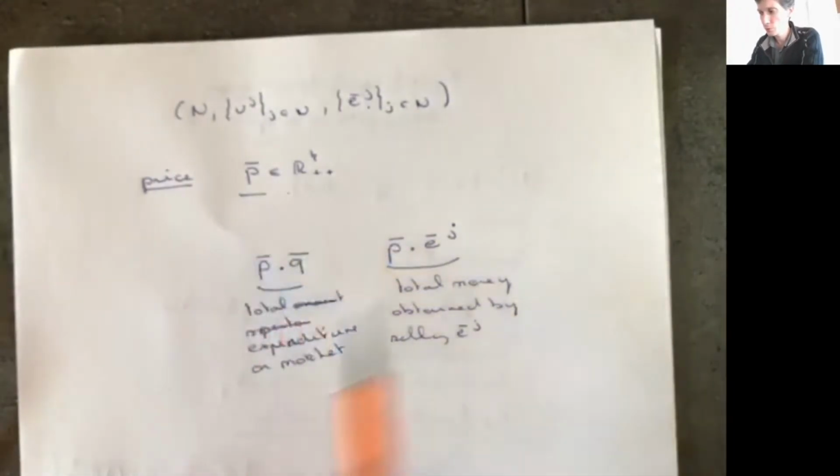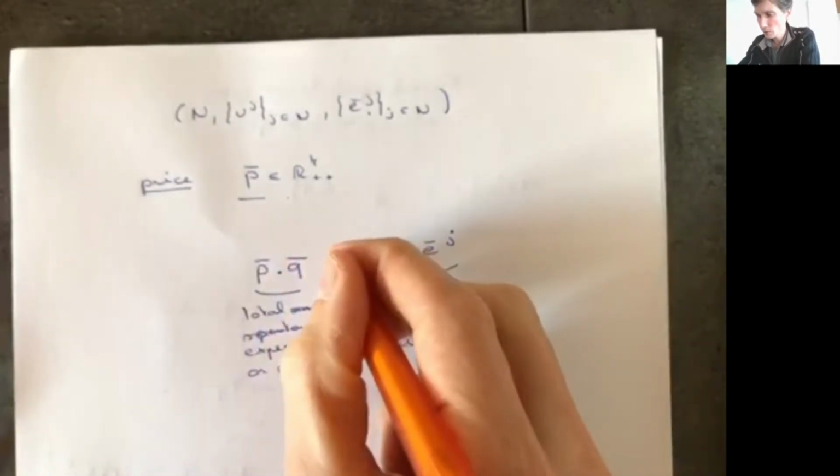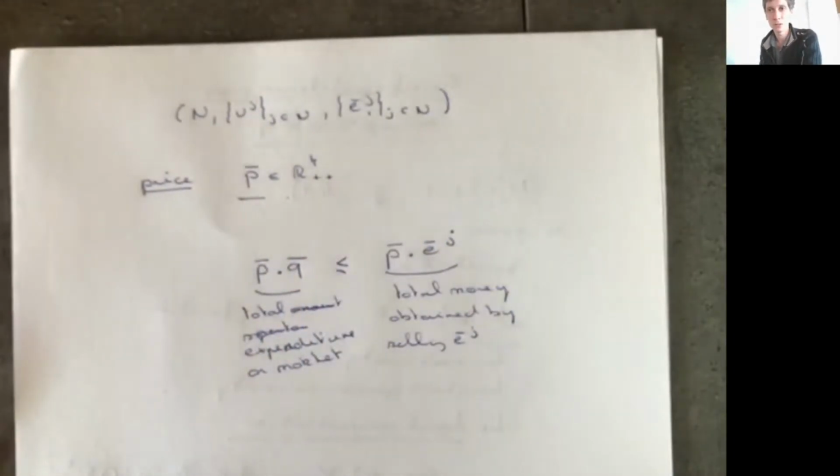This is what the consumer buys, and this is what it sells. Of course, the consumer has no money to start with; it only has his or her endowment. So we need that this is less than or equal to this.